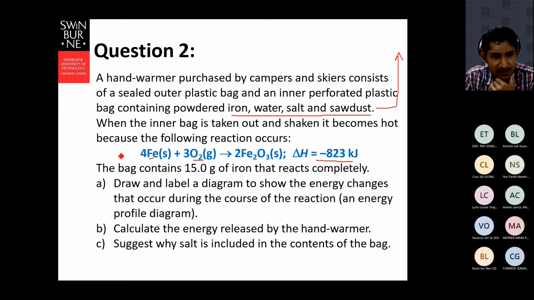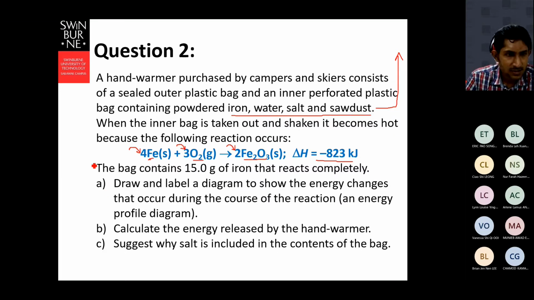As chemistry students, we see that iron and oxygen are doing the reaction, producing ferric oxide, iron(III) oxide. What is actually happening here is that 4 moles of iron react with 3 moles of oxygen, producing 2 moles of iron oxide, ferric oxide, right?